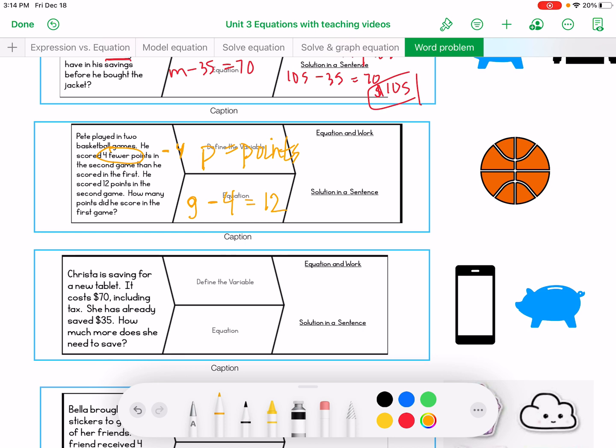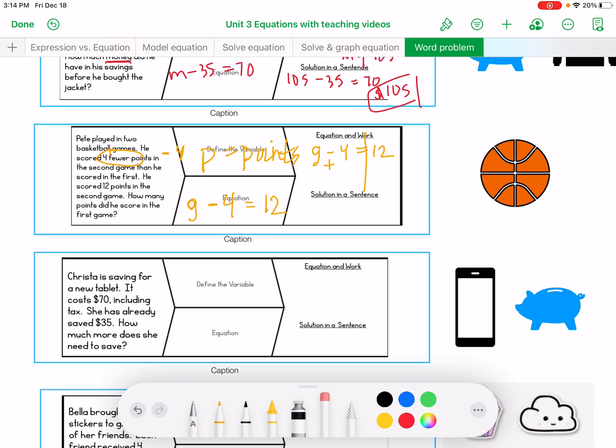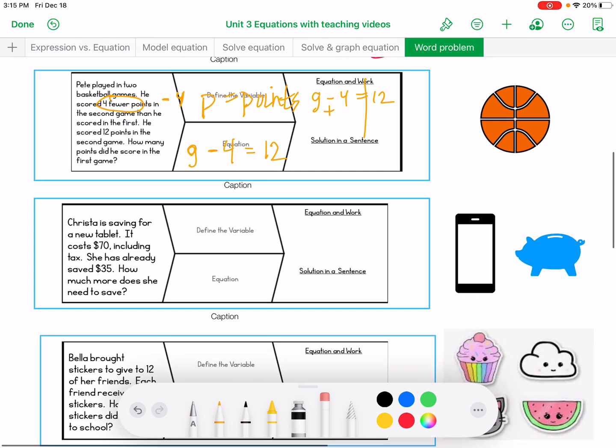You knew in your head you're going to need to add 12 and 4 together. But when you're creating an equation with an unknown, with the variable, you're going to do the inverse operation. G minus 4 is equal to 12. The opposite of subtracting 4 is adding 4.